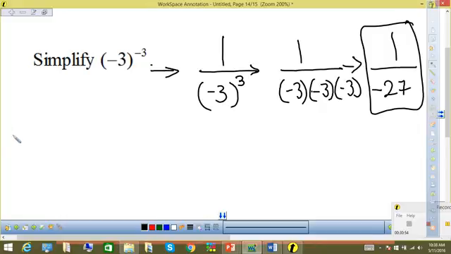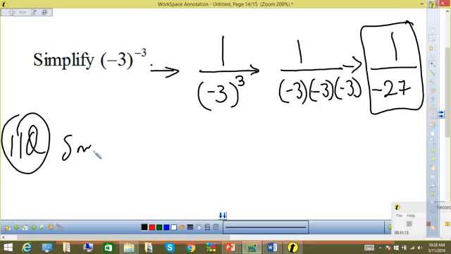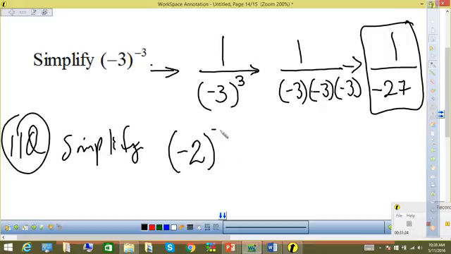All right, example, what is this one? 11. Yes, 11Q. Simplify negative 2 in parentheses, to the negative 5th power. See how you do that one by yourself. Go.